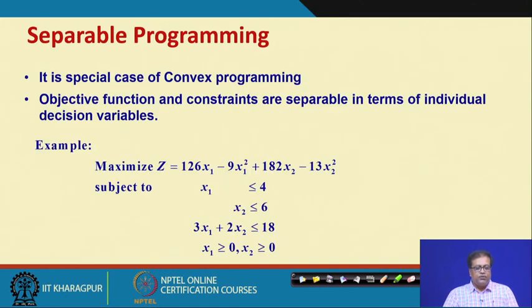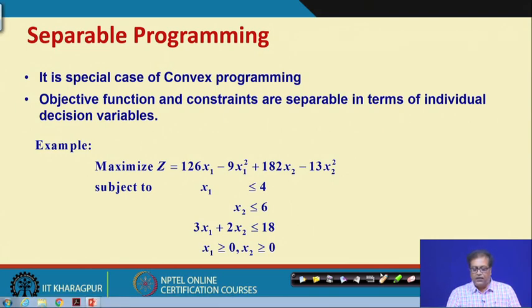There is another type which is known as separable programming. What happens in separable programming? If the objective function or the constraints have multiple variables, but they can be separated in terms of individual decision variables. Here is an example.